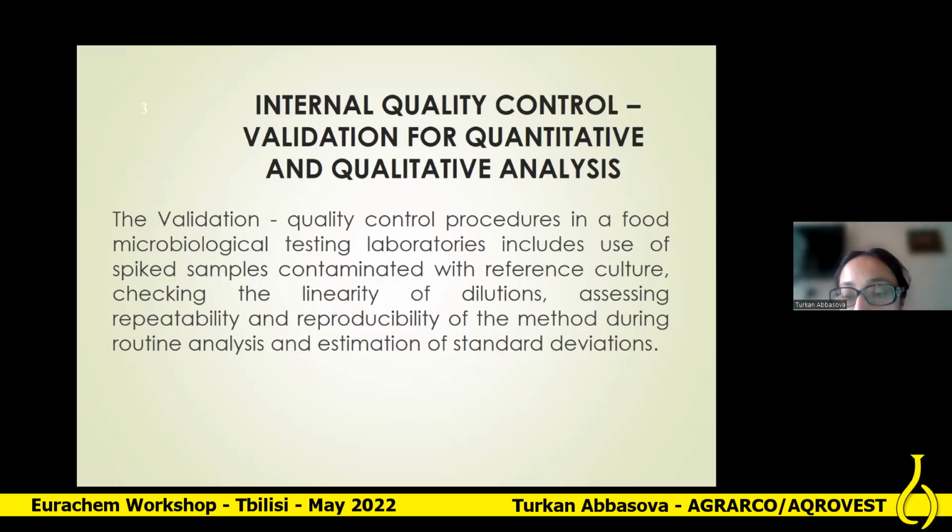After spiking, the laboratory personnel carry out dilutions, carry out the reproducibility and repeatability processing, and estimate the standard deviations for each process. This is the first step of the quality control, the first step of the validation.